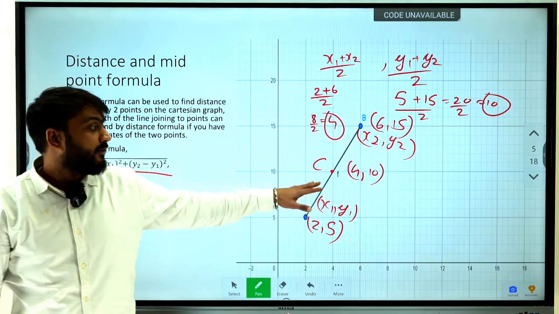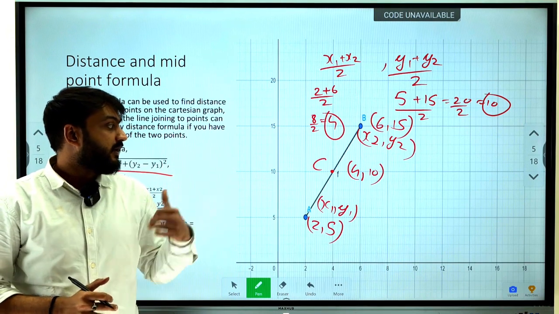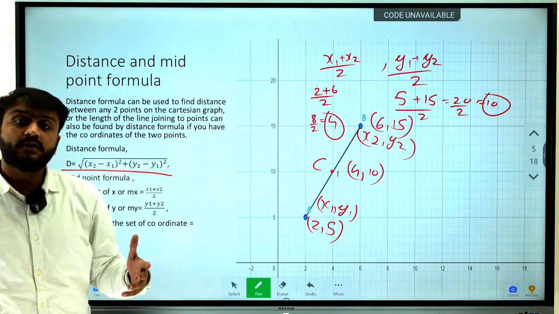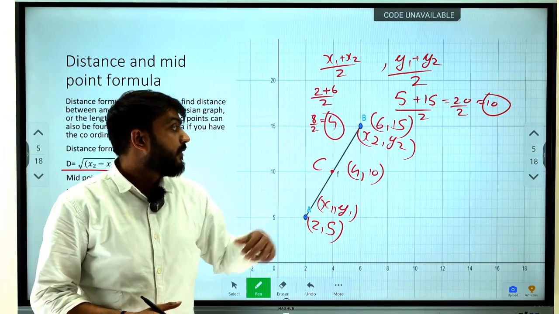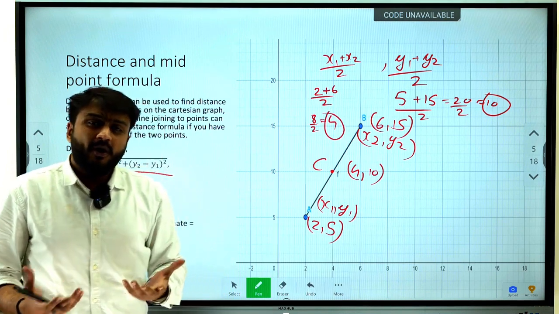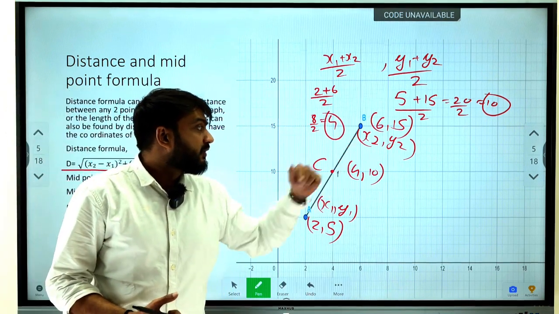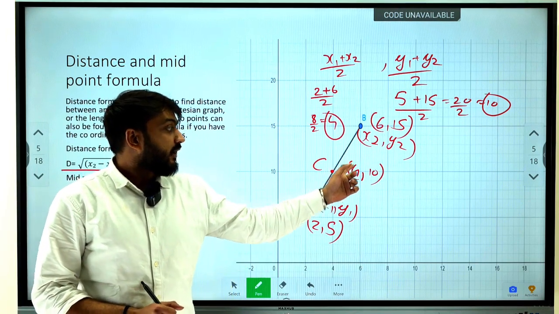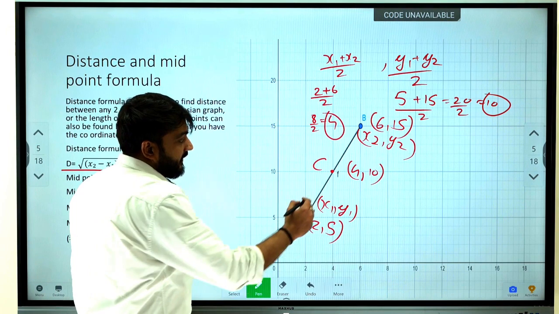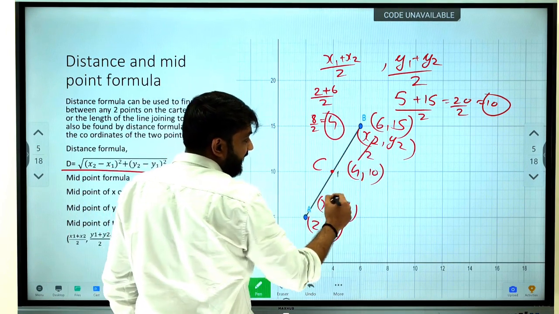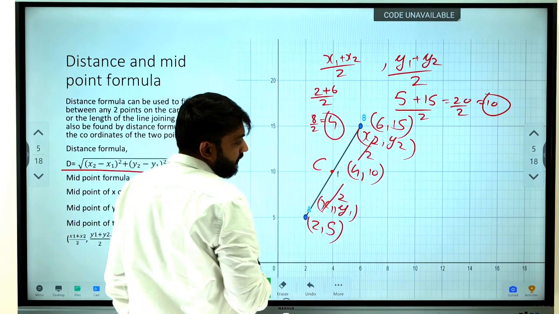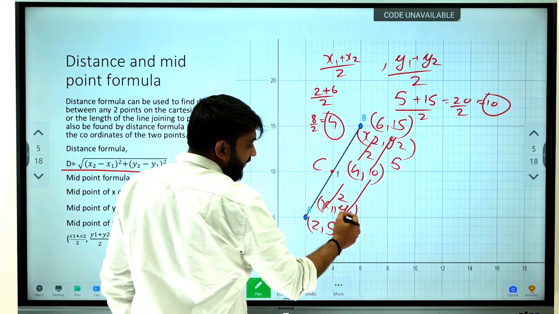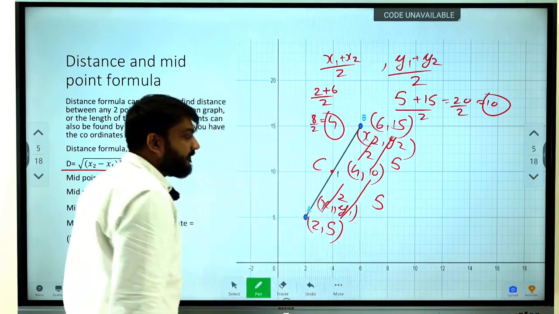I'm referring to this point as point C because earlier we did a sum for the distance formula using 4, 10 as our point C, which turns out to be the midpoint of A and B. The midpoint is obviously equidistant from both A and B. If you see, 4 is at a distance of 2 from 6 and 4 is also at a distance of 2 from 2. 10 is at a distance of 5 from 15 and 10 is at a distance of 5 from 5.